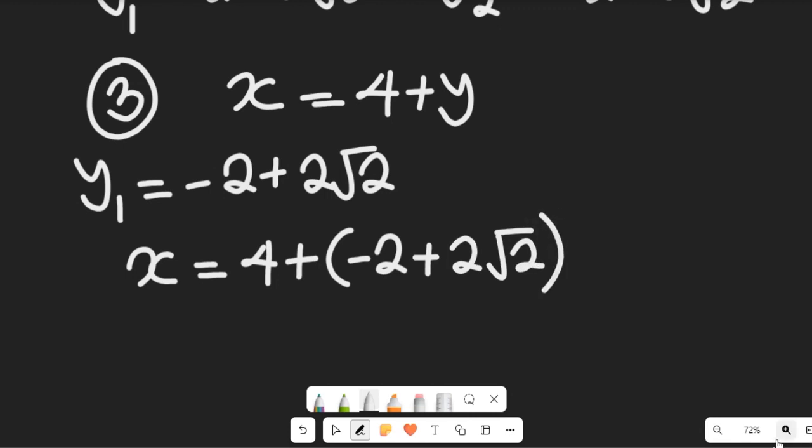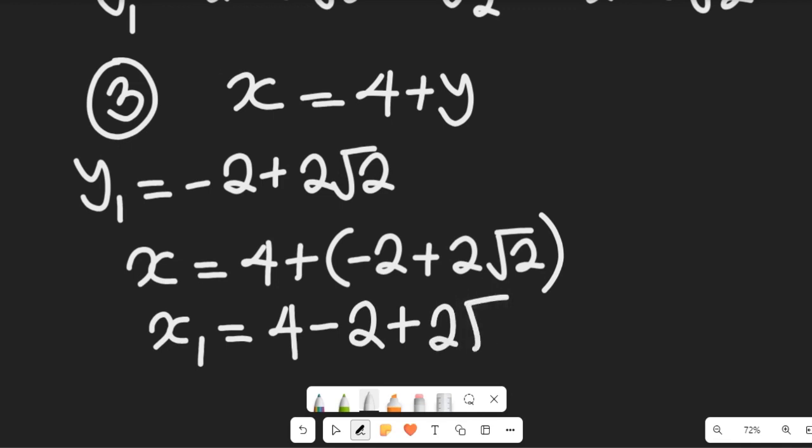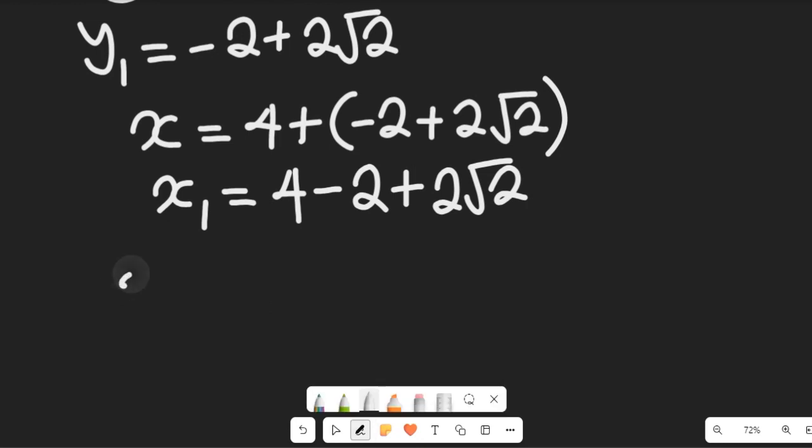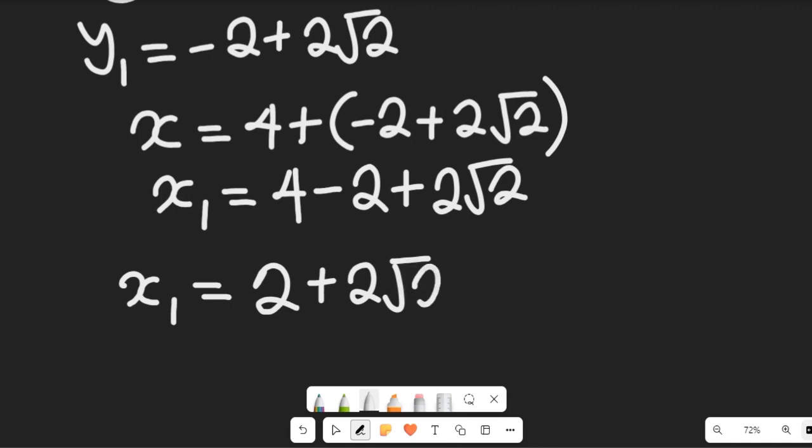And what will that expression give us? Our x1 will now be equal to 4. So we'll have 4 minus times plus. Plus times minus is going to give us minus 2. Plus times plus 2 root 2, right? So we're going to have the value of our x1 to be equal to 4 minus 2 is 2 plus 2 root 2.